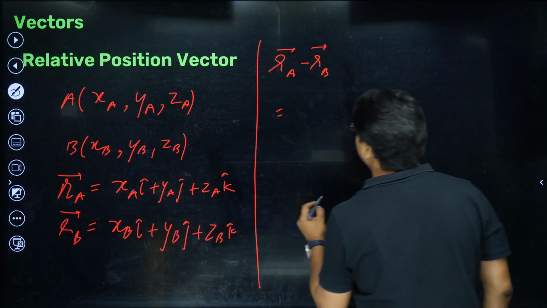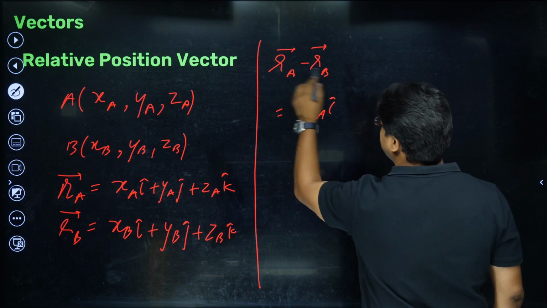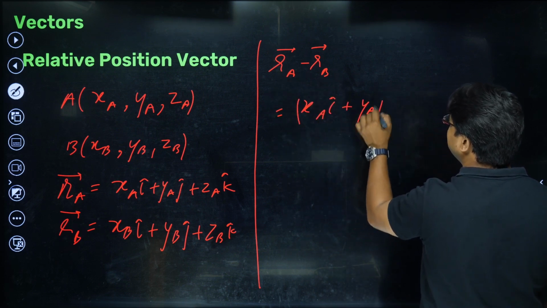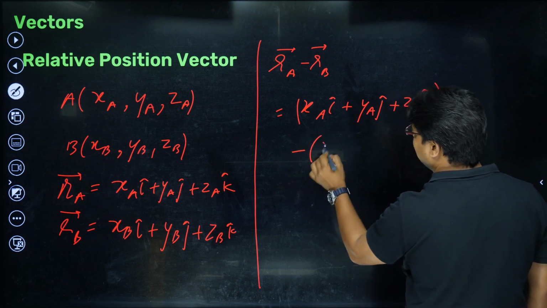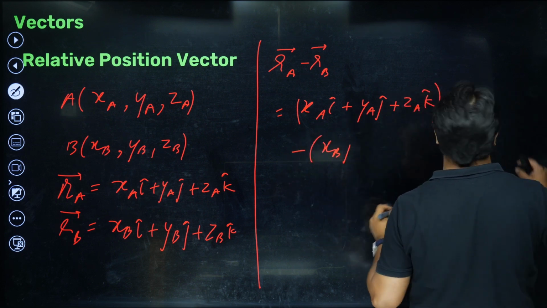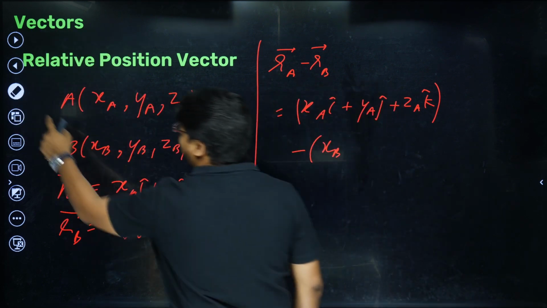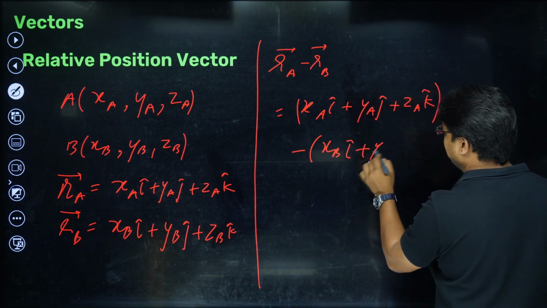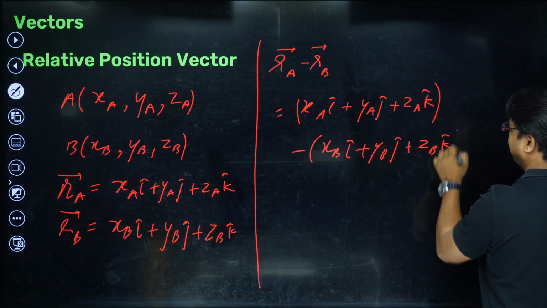Let us first substitute RA and RB. So it's xa i cap plus ya j cap plus za k cap, minus xb i cap plus yb j cap plus zb k cap.